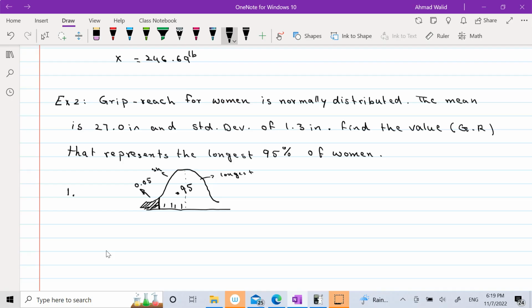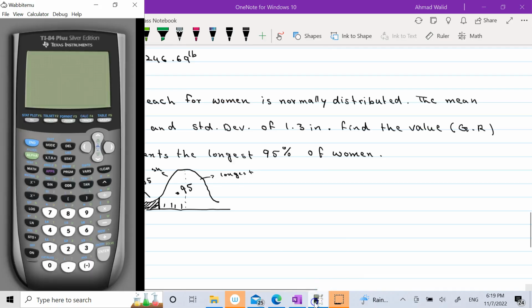Now, I want to find my z-score. Again, I will use my calculator. Second variance, and I'll go to number 3, inverse norm. Enter. I will enter this time 0.05.